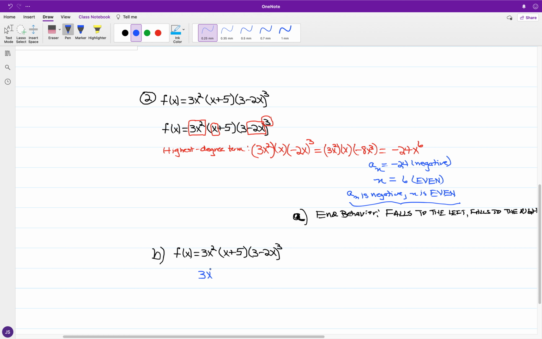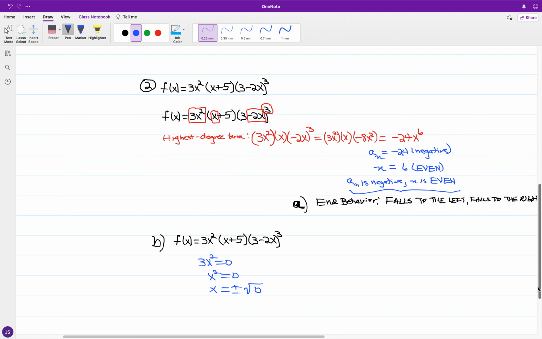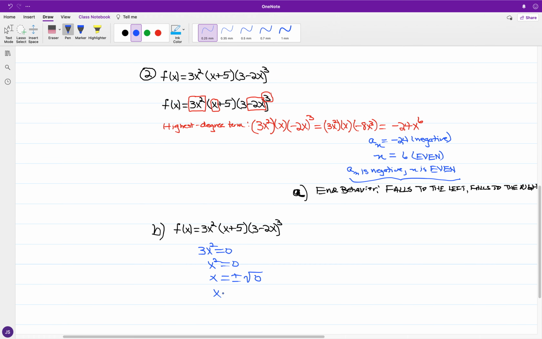For 3x squared equal to 0, if I divide by 3, I have x squared equal to 0. With the square root property of equality, 0 is not going to be positive or negative, it's just going to be 0. And for x plus 5 equal to 0, we have that x is equal to negative 5.